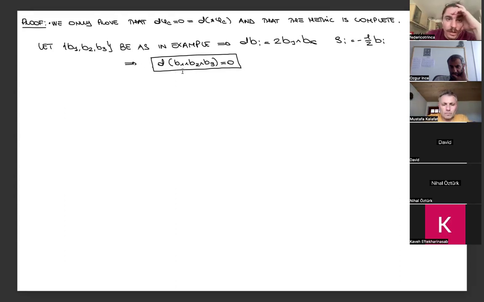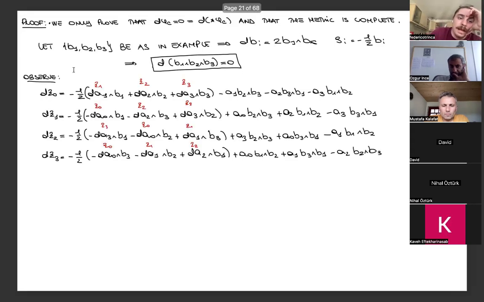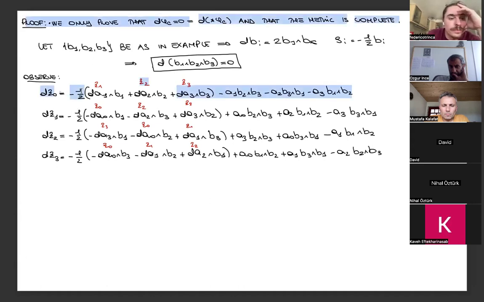And so it is clear that if we take the derivative of the volume form, we get 0. And we can use the structure equations that we talked about before to compute them.